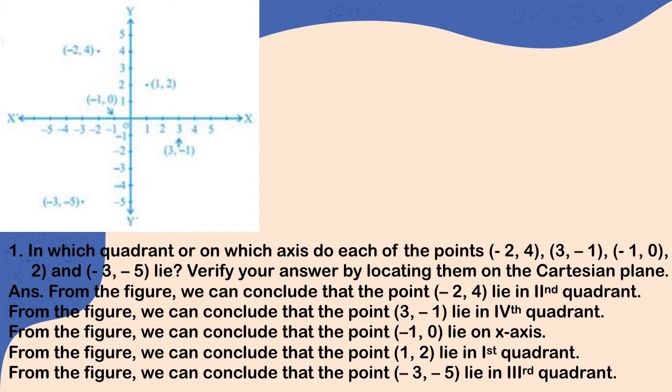That means in the ordered pair, the x value is negative and the y value is positive. So in this point it's clear where it will lie. It will lie in the second quadrant.